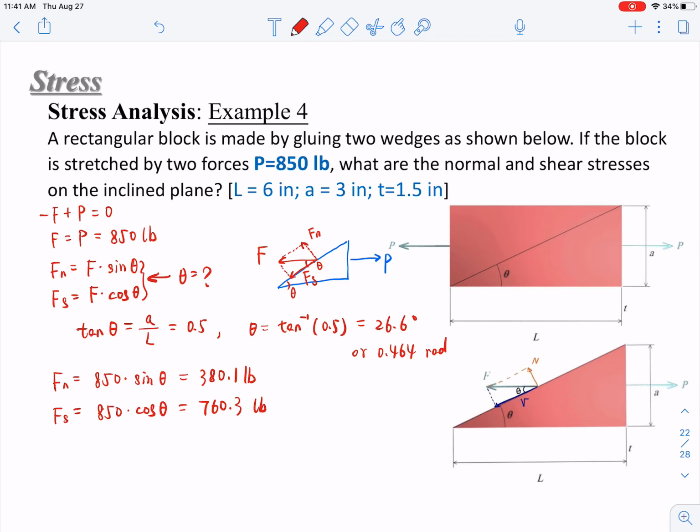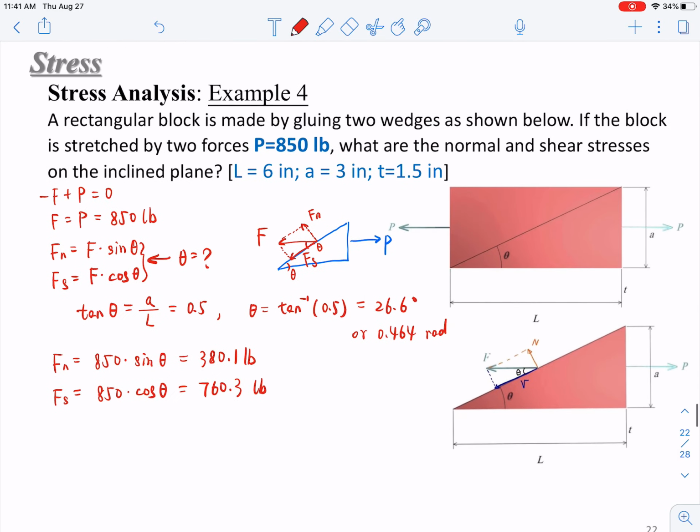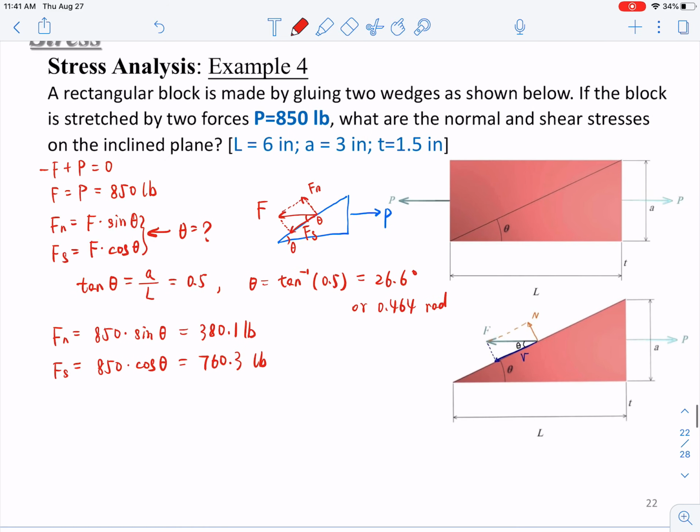Then what is the area? We also need the area to calculate the stresses. The cross section area A is just the area of the inclined plane. That is a rectangle with the thickness T, and the width, we don't know the width yet.